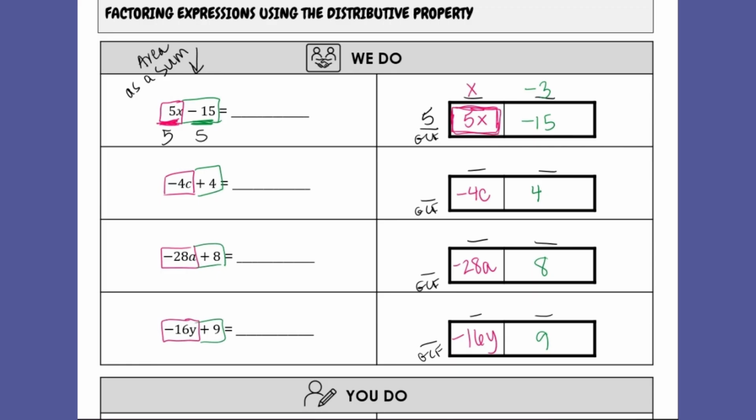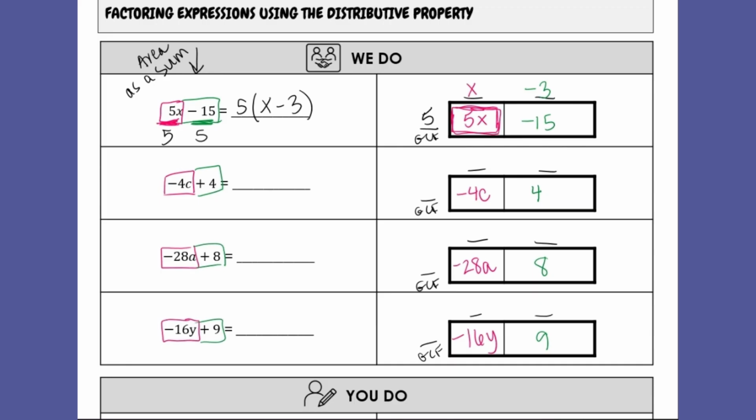How I write my final answer is my greatest common factor goes outside the parentheses, and the total width is what goes in the parentheses. So that would be x minus 3. That shows you how you can do it with or without the area model.